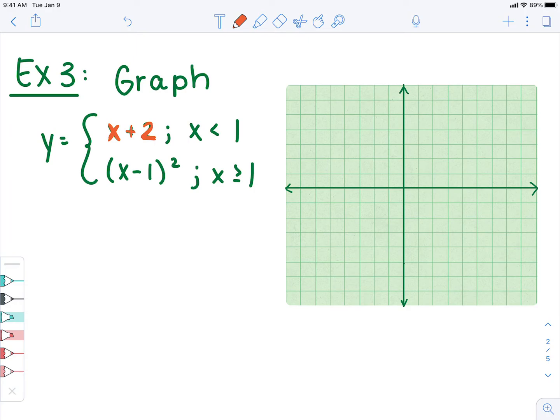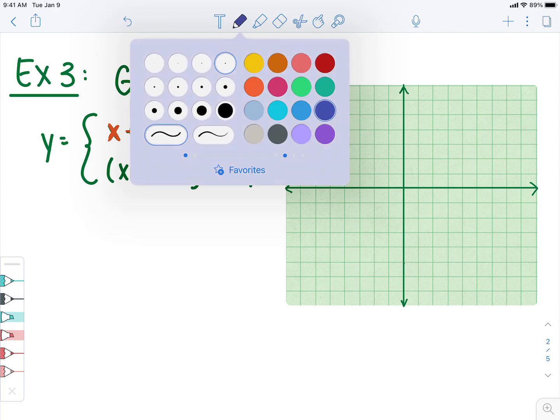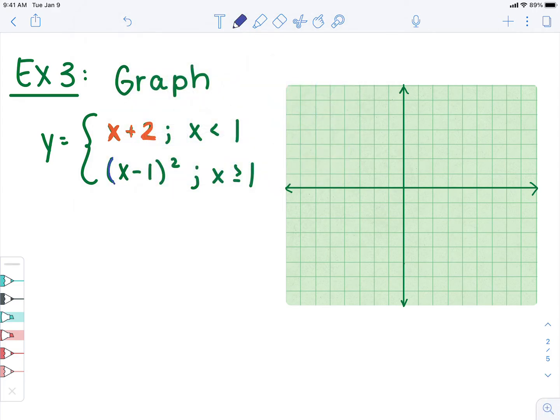And x squared, I'll do in blue. So when you write that down, you want to use 2 different colors because we're going to graph 2 different graphs on the same thing.